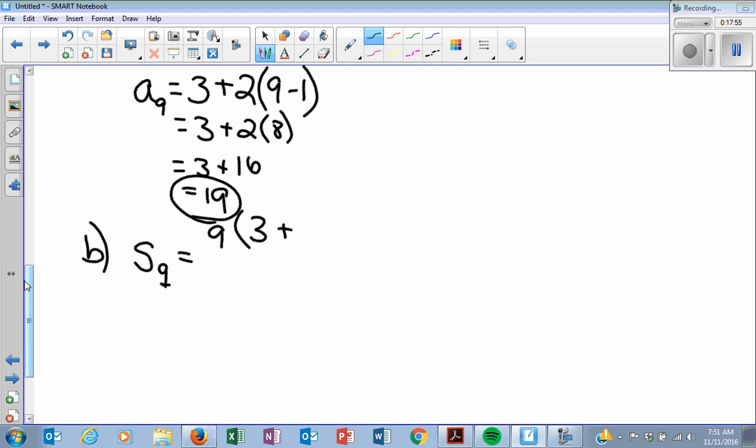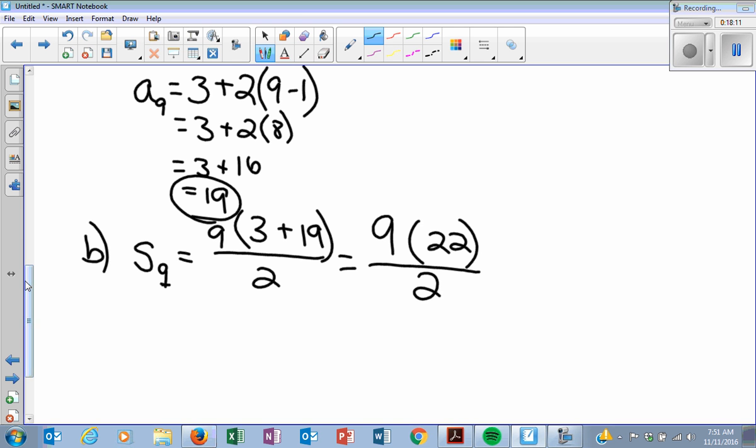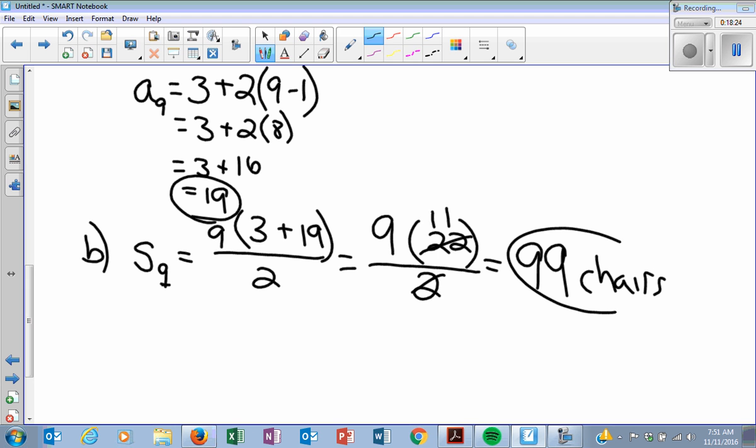Well, what did we just find in problem A? How many chairs are in the 9th row? 19, divided by 2. Someone said, Mr. Martin, this is 9, and then I get 22 divided by 2. And they said, Mr. Martin, 2 goes into 22 11 times. Can I do that? And I said, yes. And then 9 times 11 is 99 chairs is how many you would need to complete that.